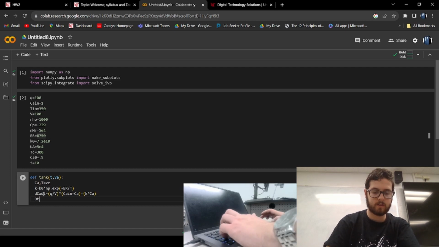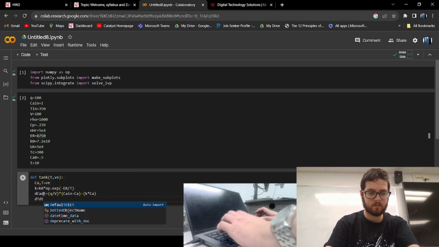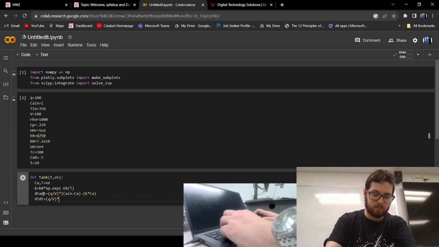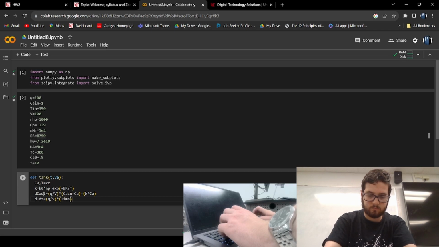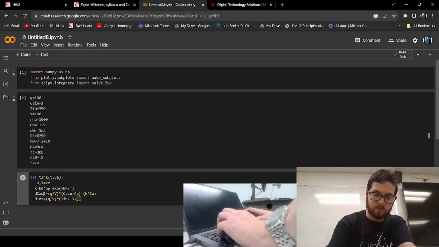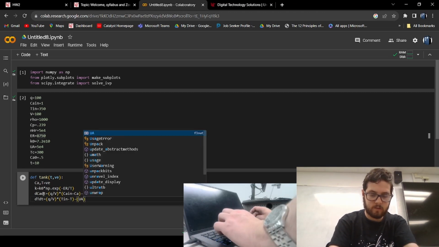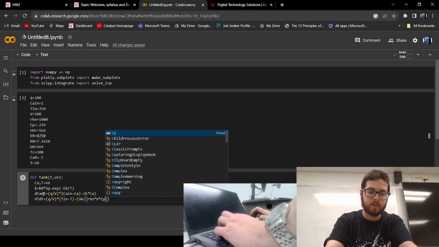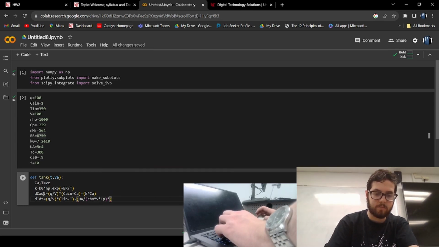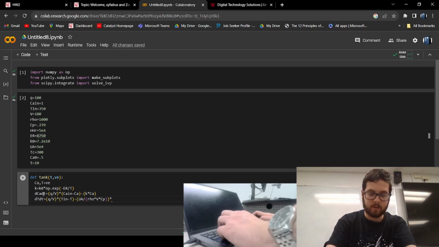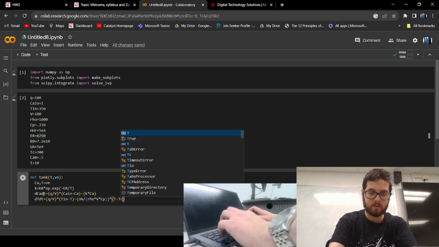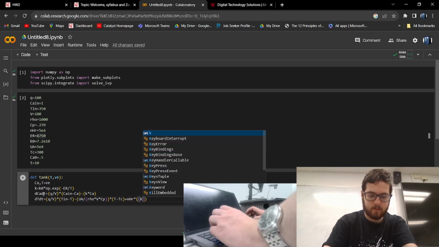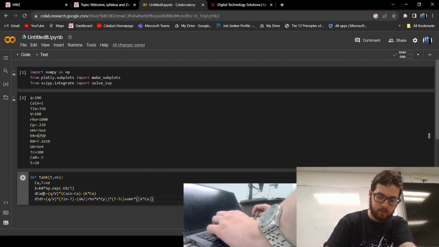Alright, and then our dT dt is going to be equal to Q over V times the change in temperature, minus the heat transfer coefficient over rho V, and then heat capacity, density, volume, and then multiply that by T minus TC, or actually this will be plus delta HR times K times concentration over density and heat capacity.